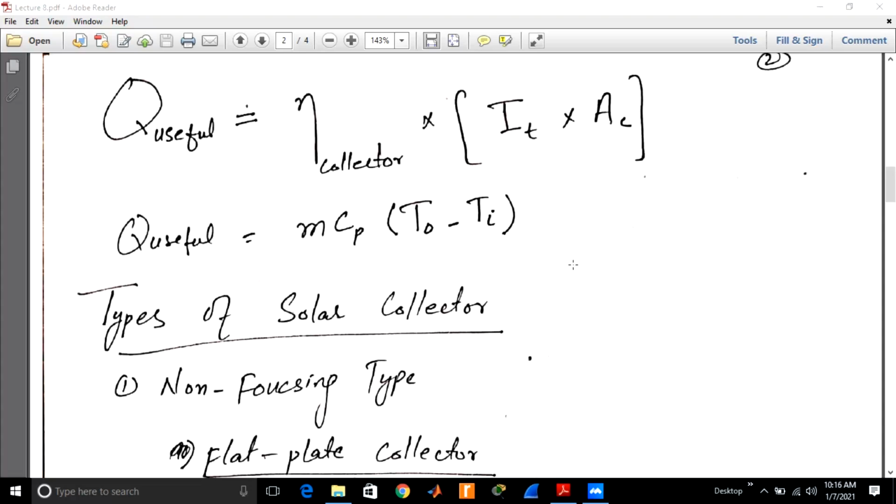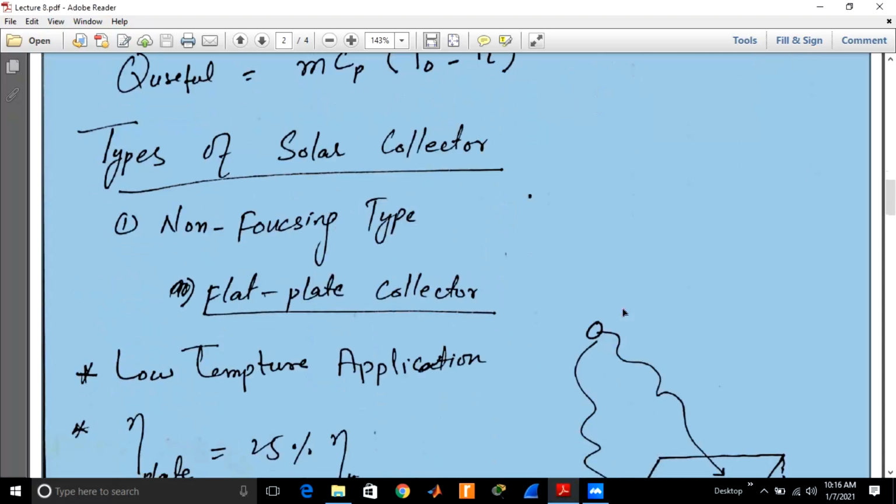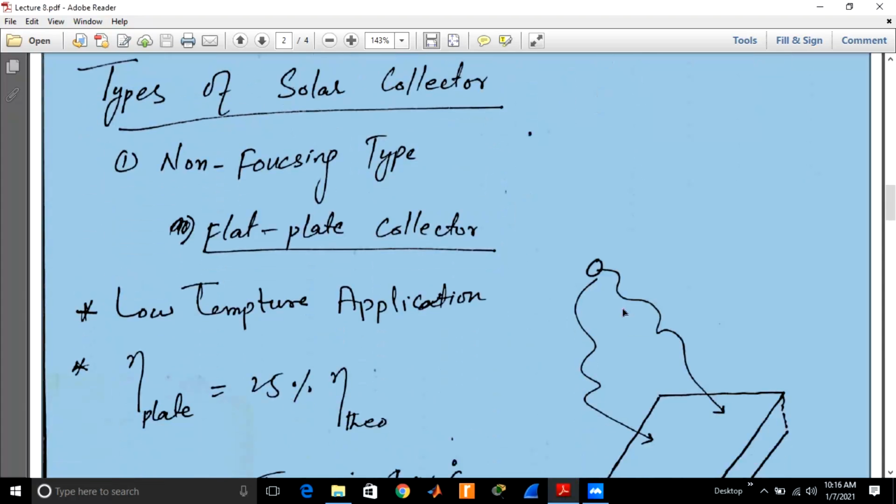So let's move toward the solar collectors. There are two types of solar collector, one is non-focusing and one is focusing.